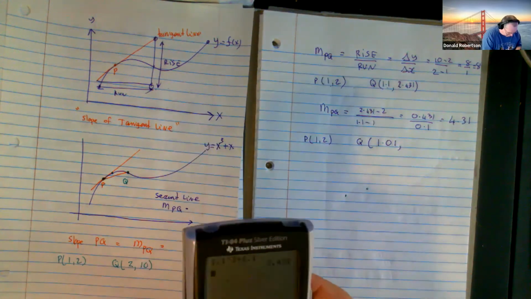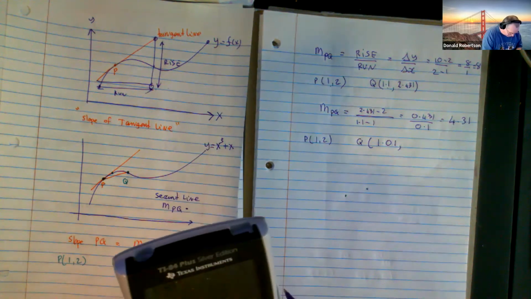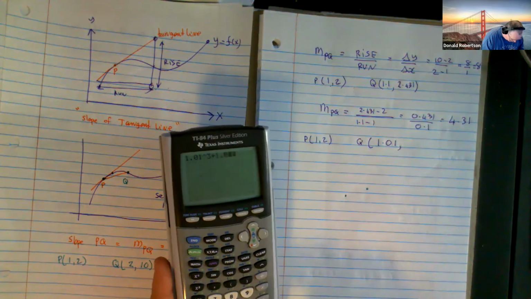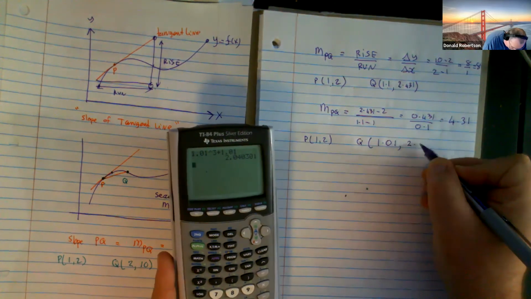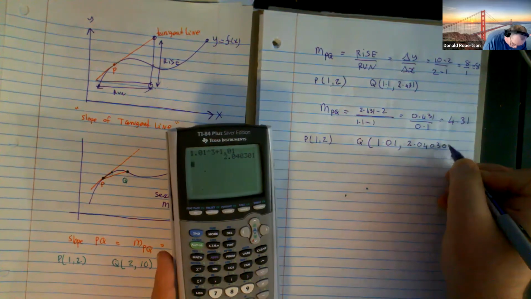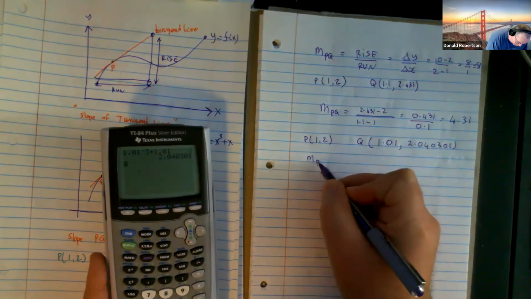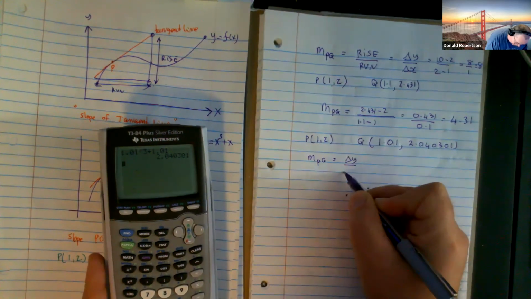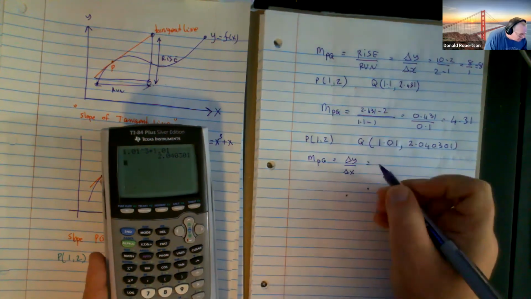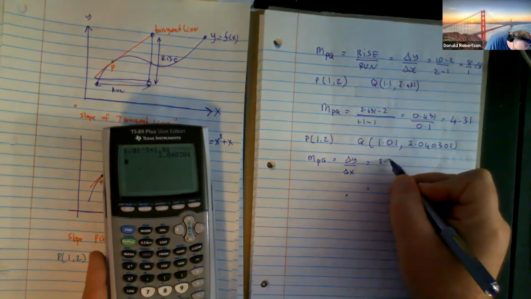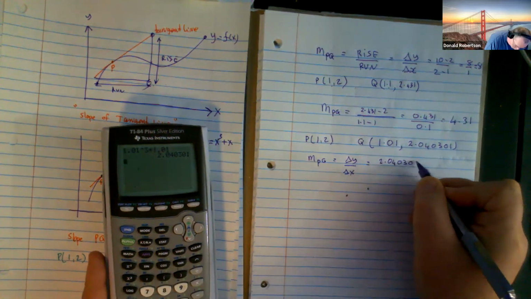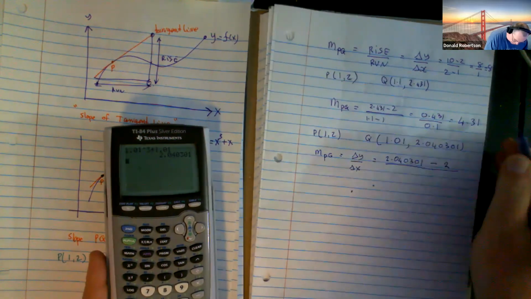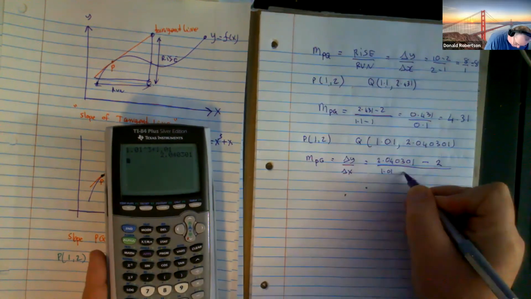And I'll have to do a little calculation here. 1.01 cubed, add 1.01, and the answer I got this time is 2.040301. And now I can find the slope joining P to Q. And it's going to be the difference in the y's, the rise, over the difference in the x's, the run. And this ends up being 2.040301 take away 2, all over 1.01 take away 1.